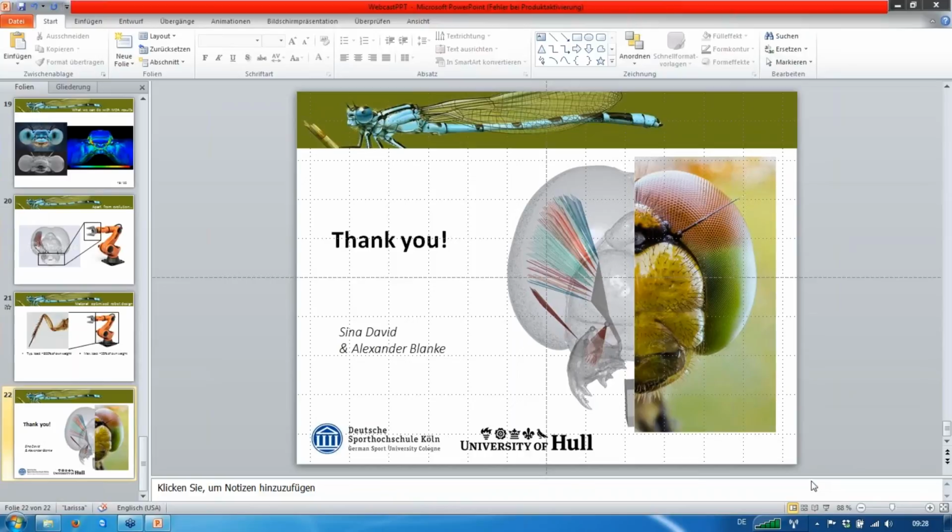Yeah, okay, so MRI is actually a very difficult case because currently the resolution in MRI is not high enough to obtain detailed scans in the size class of insects.